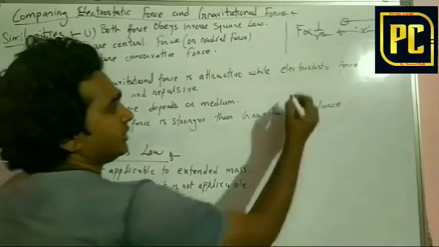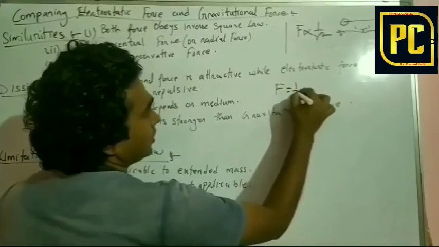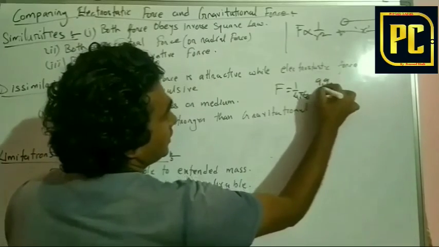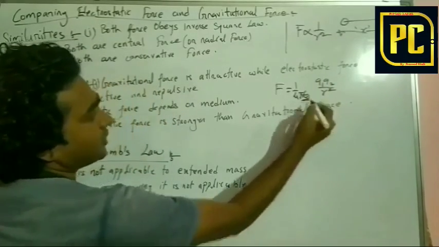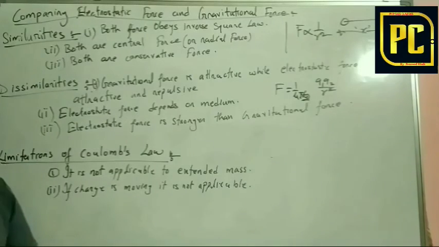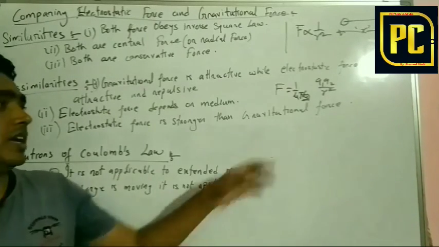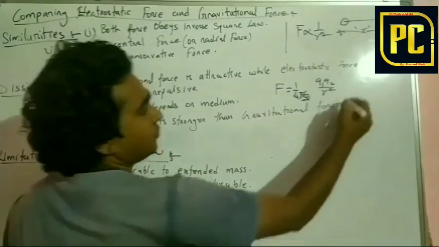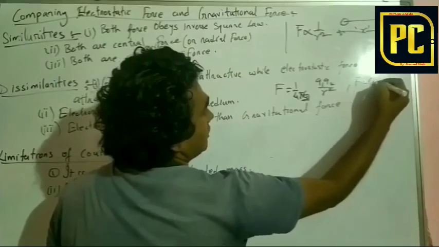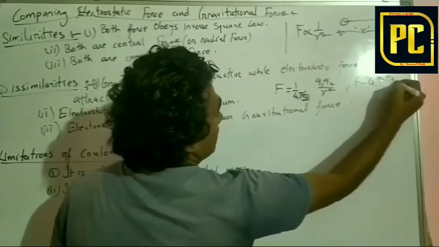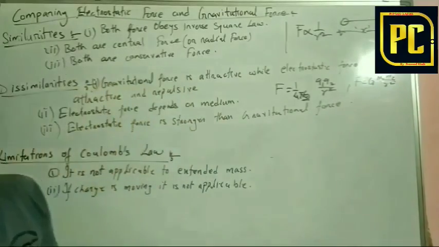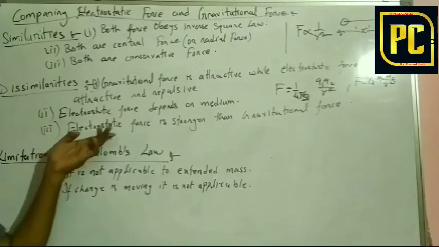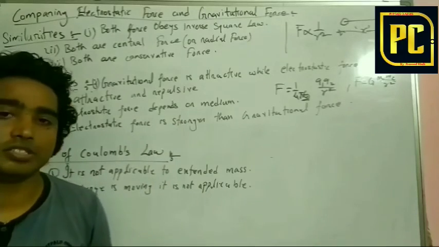We have seen that force is 1 by 4 pi epsilon naught Q1 Q2 by R square, where epsilon is the permittivity of free space, and it depends on the medium. While gravitational force is F equal to G m1 m2 by R square, where G is the universal gravitational constant. Third point is electrostatic force is stronger than gravitational force.